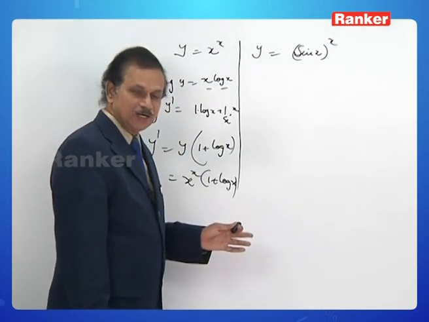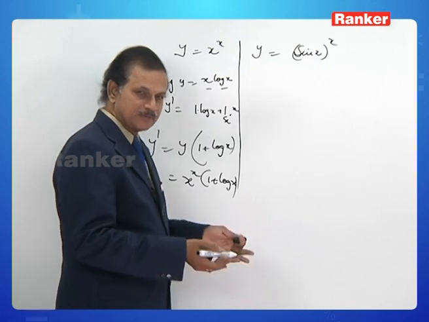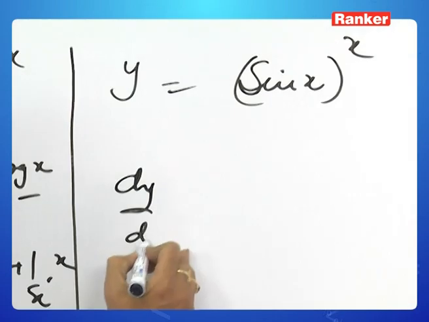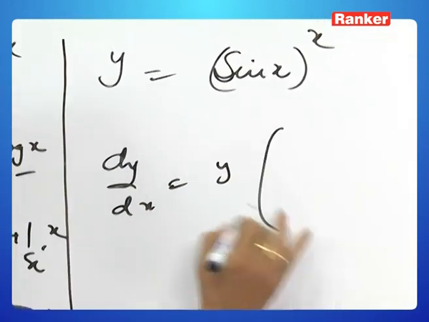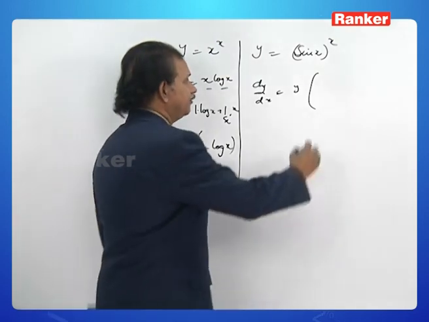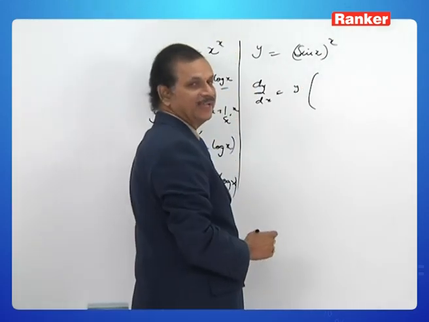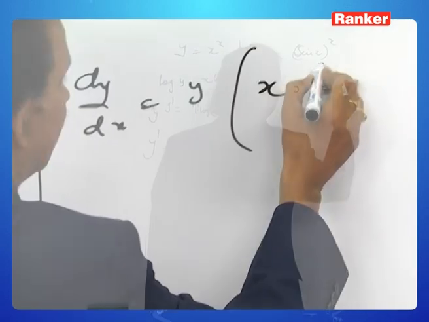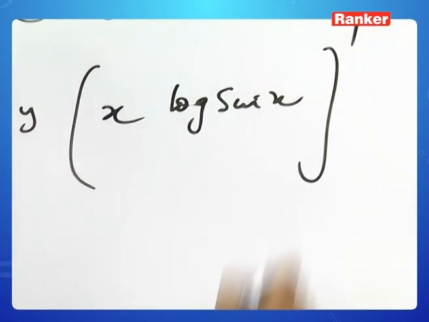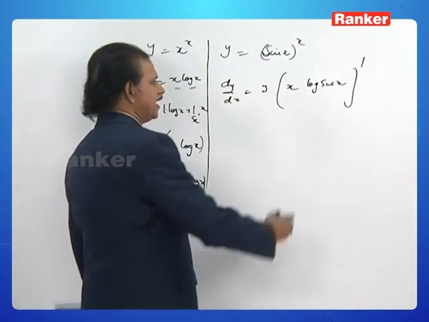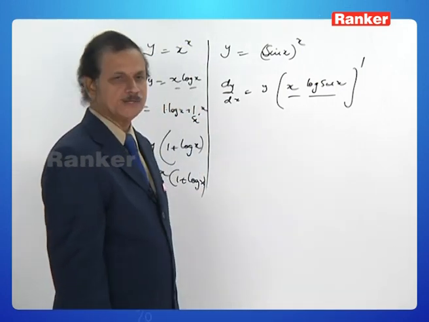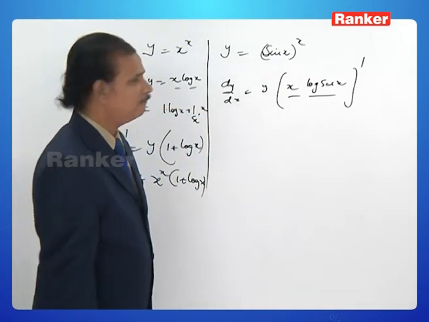Basing on this result, we produce a pattern in our mind that dy by dx is equal to y into, it is compulsory, y into, and if you take logarithms here, it becomes (x log sin x) whole dash. And of course, by making use of the uv formula, you will be able to have the derivative. How? It's very simple.